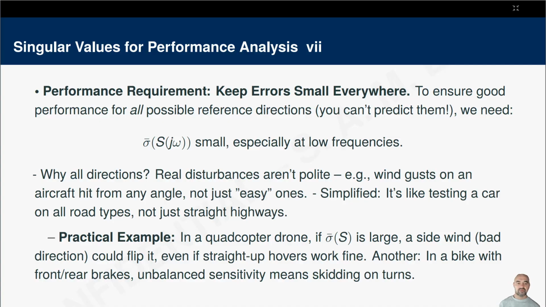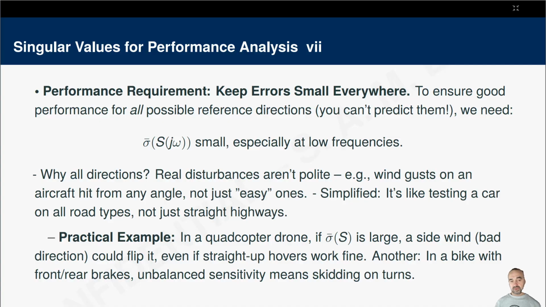Another example, if you consider a quadcopter drone, if sigma bar is large, a side wind from a bad direction could flip it, right?